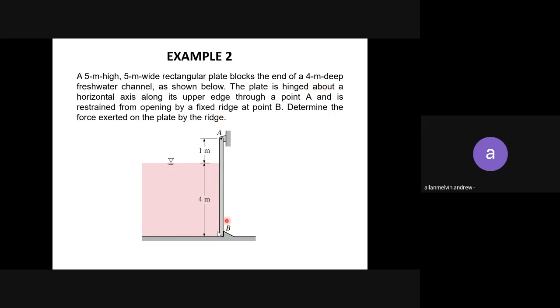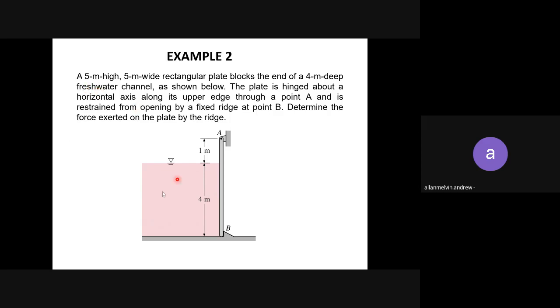So only 4 meters are under the freshwater. So it's given. All these terms you need to take into consideration because you want to calculate the hydrostatic pressure formula. So you need to know what fluid is inside. If oil, you cannot take 1,000. So 1,000 is only for water.